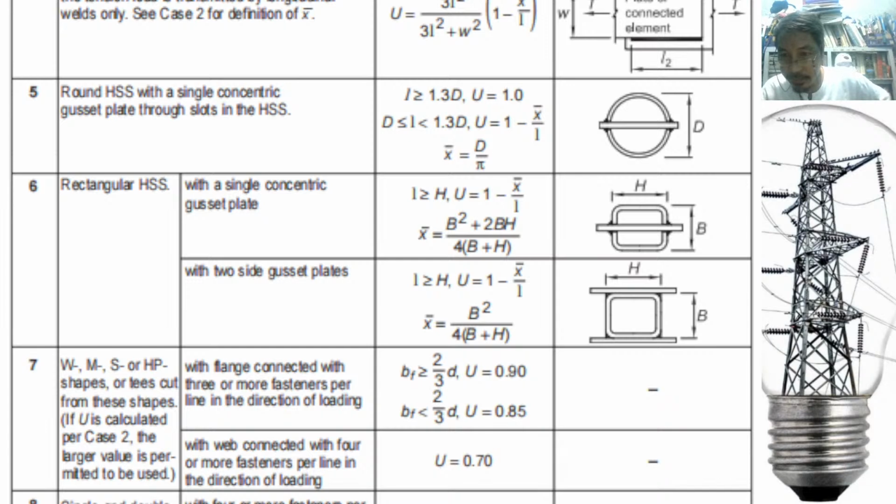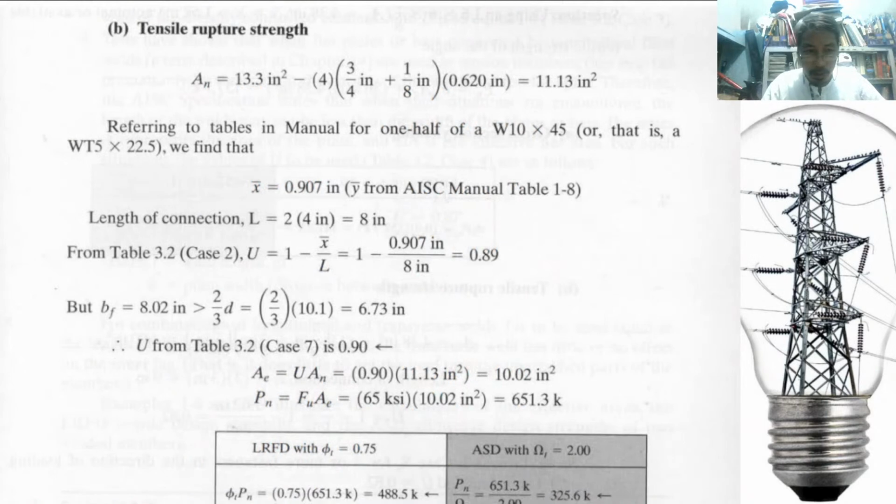Do you follow? So 0.9 is our value for U. And if we use case 2, it is the same. Actually 0.89, which is just 0.9.